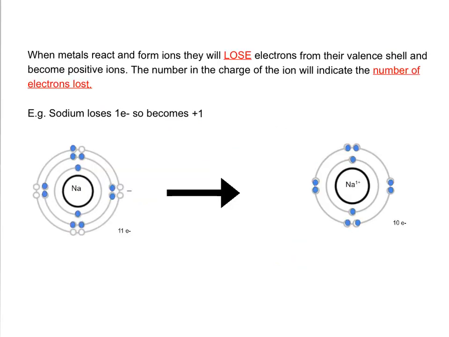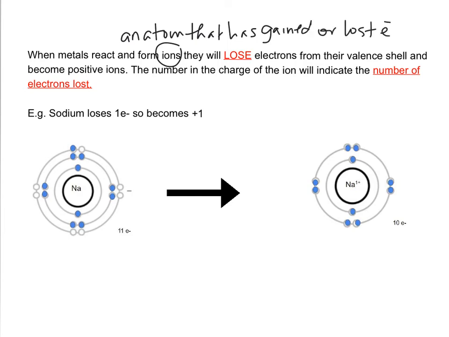When metals react and form ions, so an ion is an atom that has gained or lost electrons. In this case, we're talking about losing.